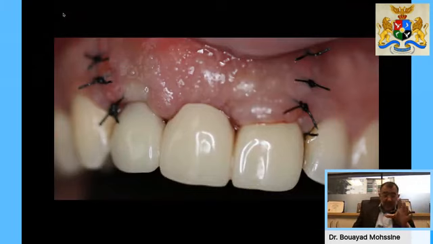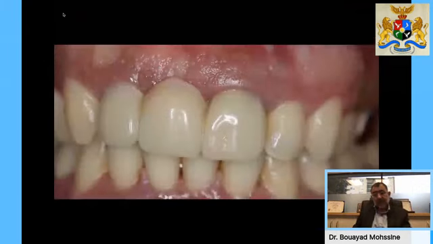You can see here the good healing after 1 week with a provisional or temporary bridge. This is the bridge and the healing of the soft tissue after a few months.